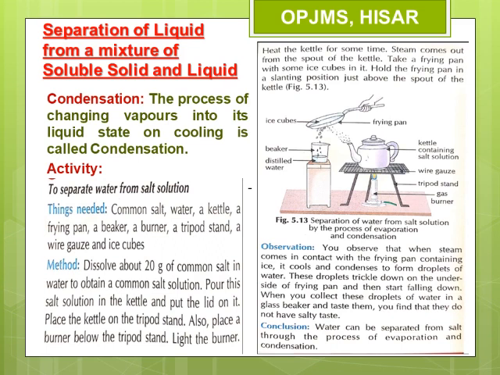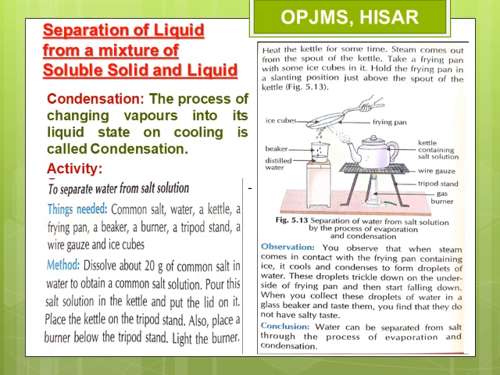In this activity, dissolve about 20 grams of common salt in water to obtain the salt solution. Now pour this salt solution in a kettle and put it on the burner. When you place it on the burner, heat from the burner changes the water into water vapors, and the steam starts coming out from the spout of the kettle. Now take a frying pan with some ice cubes in it.